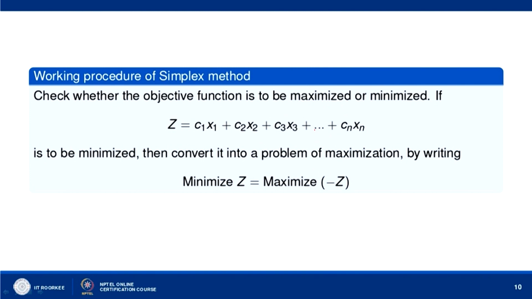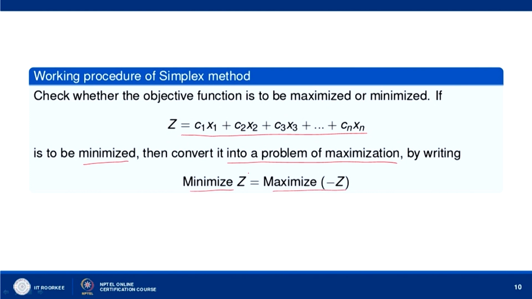Okay. So, if it is already given as a maximization of z, then we start as such. If it is given as a minimization of z, find the minimum value of z, then we will convert it to a maximization problem. So, suppose z equal to C1 x1 plus C2 x2 and so on, plus Cn xn is to be minimized, then we convert it into a problem of maximization by considering minimize z equal to maximize minus z.